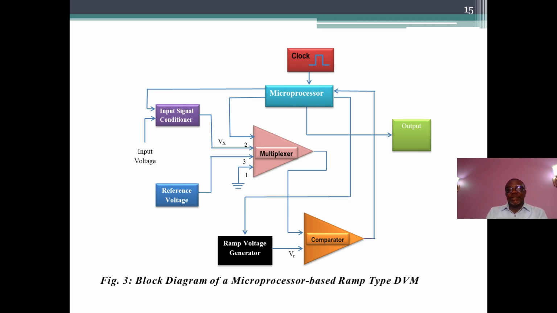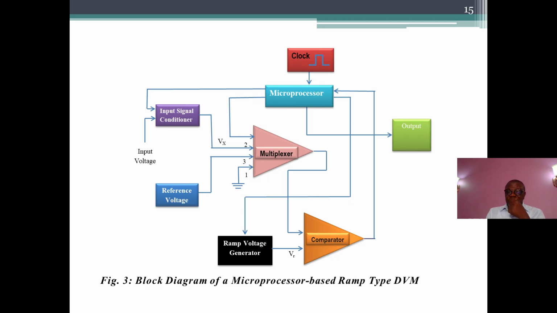And the input to the comparator, we've seen what the comparator does, compares the incoming voltage from the multiplexer and the ramp voltage output as the reference. So immediately the multiplexer is higher than the ramp, the comparator sends an output.